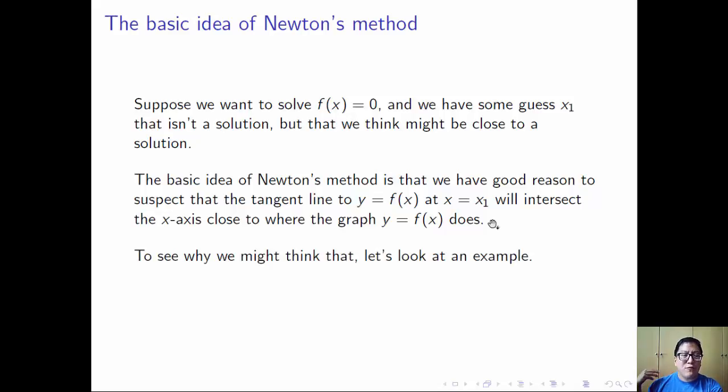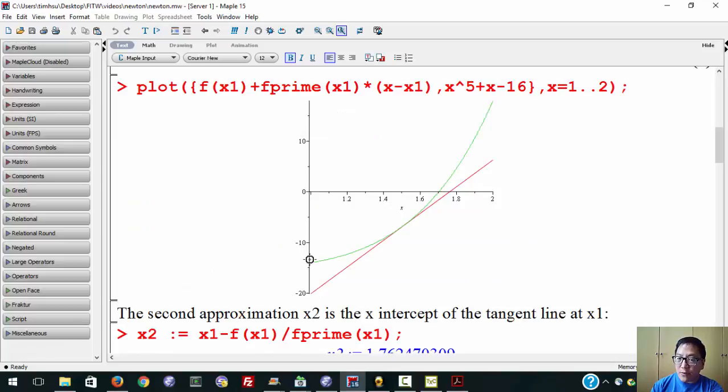To see why we might think that, let's look at an example. So here we have a random curve with its tangent line. We see that because we're looking at a region of the graph that's close to an intersection of our desired graph, y equals f of x, and the x-axis, we're close to a solution to f of x equals 0. That would be it right here.